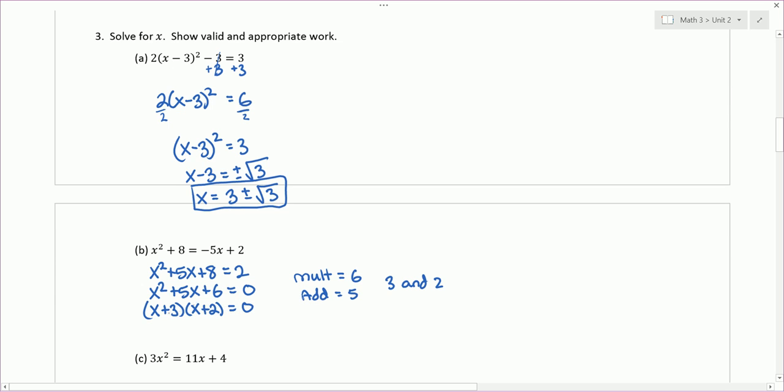So if you have a product of factors that are equal to 0, then you can set each factor equal to 0 and solve. So we get two answers. x is equal to negative 3 and x is equal to negative 2.